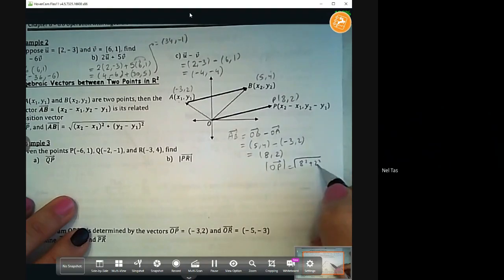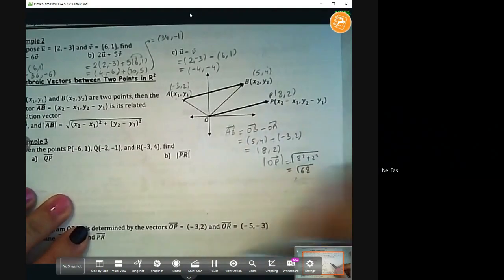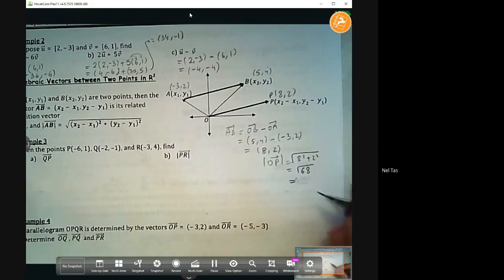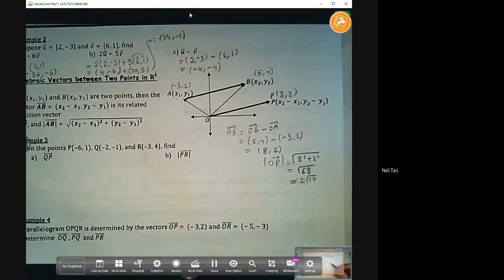So 64 plus 4, 68, and 68 can be divided by 4, so 17. That gives you 2 root 17.